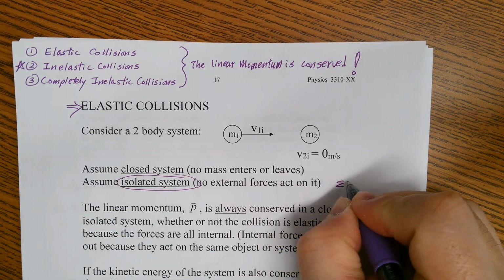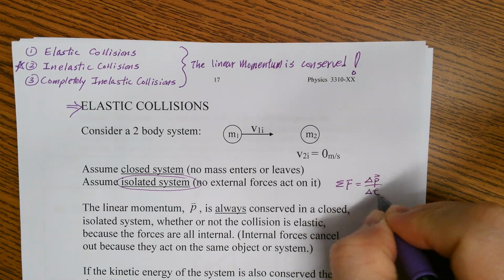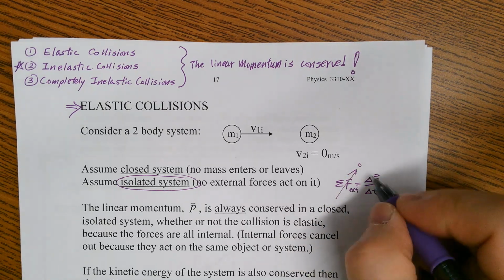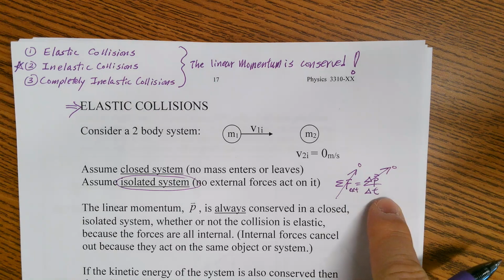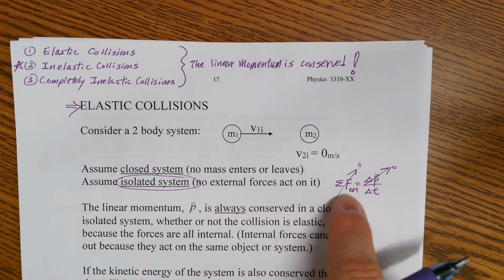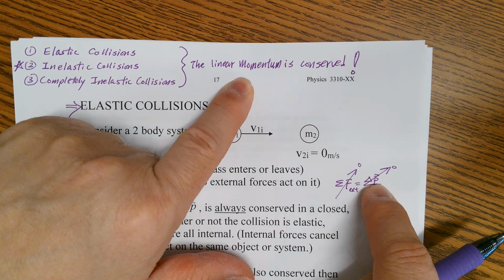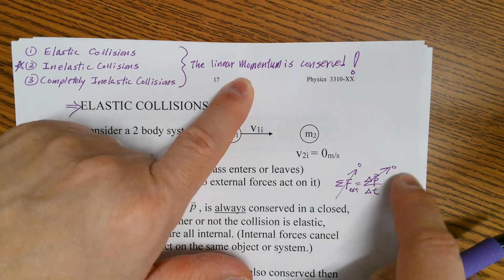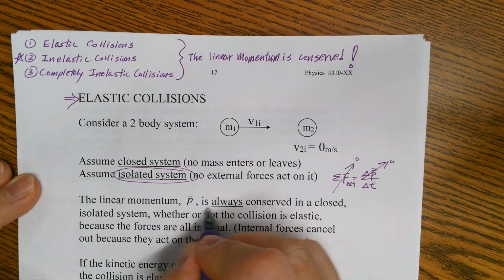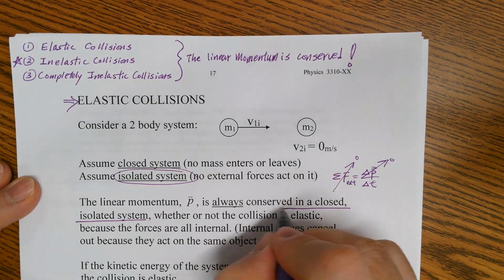Remember, the sum of all forces is equal to delta P over delta T. If this external force goes to zero, then this must go to zero. There's no negotiation. That's why when there's no external force, the linear momentum has to be conserved, which means the change in linear momentum has to be zero. There's no change at all. So it is always conserved in a closed and isolated system.